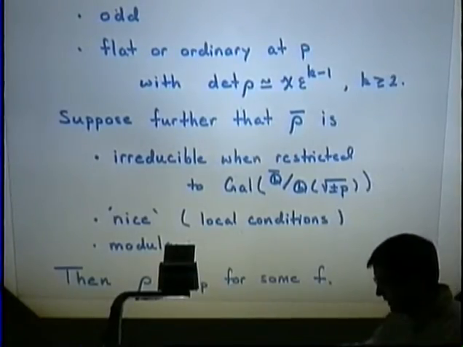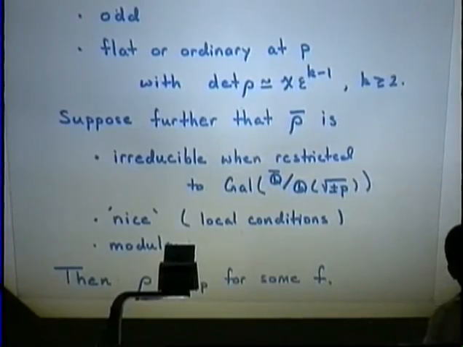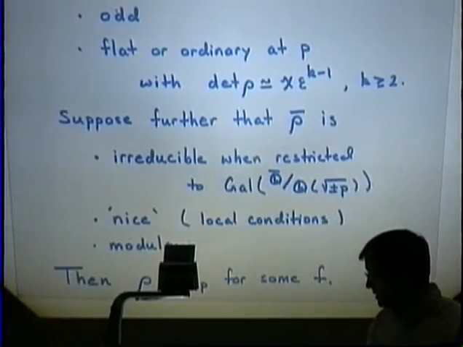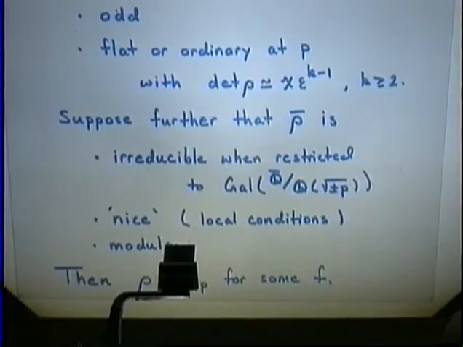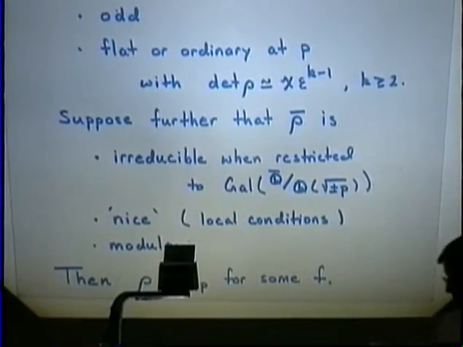And furthermore, that this residual representation is nice, so you have to impose some conditions on its restrictions to the primes where it ramifies. So these are local conditions. And finally, we have to impose the mod p modularity conjecture. So we have to require that rho bar be modular.